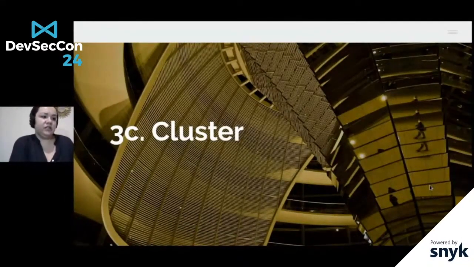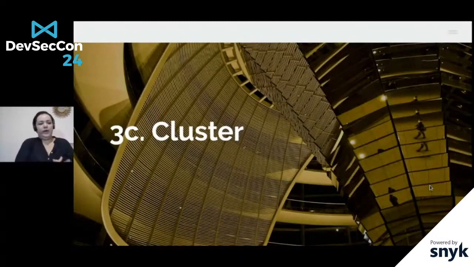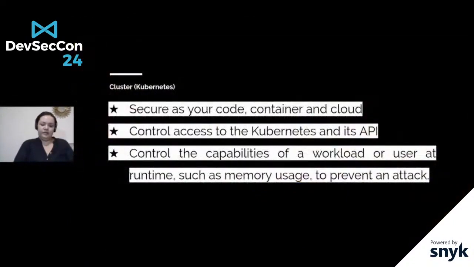Okay, cluster, mainly Kubernetes. Your Kubernetes cluster will be as safe as the cloud where it runs, and also as the container and the code included on it. The Kubernetes security documentation lists important settings such as controlling access to Kubernetes and its API, and allows you to make restrictions by users and networks.